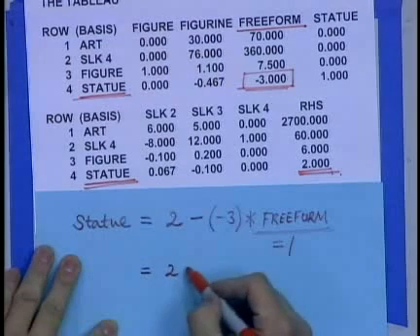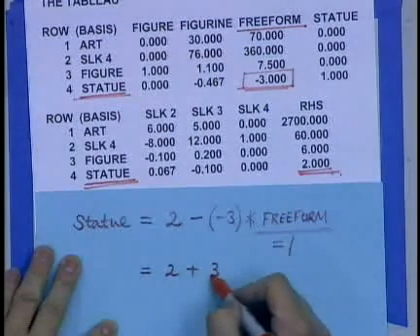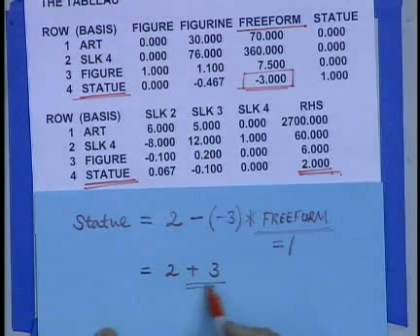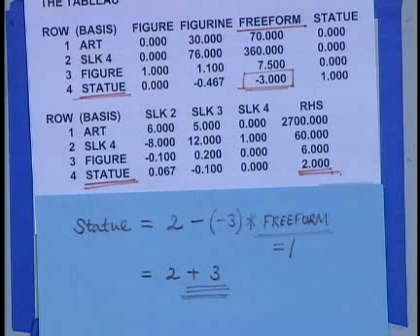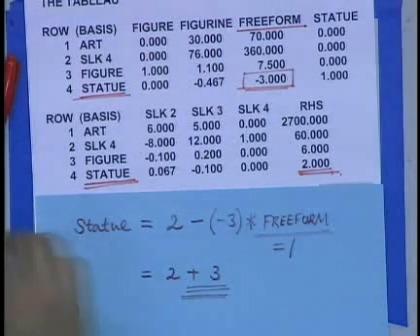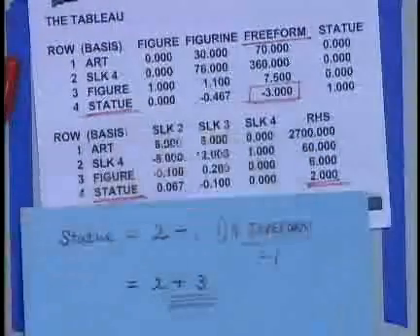It's going to be 3 plus 2 plus 3, right? So the production of statue would increase by 3 units. Okay? So everyone following me?